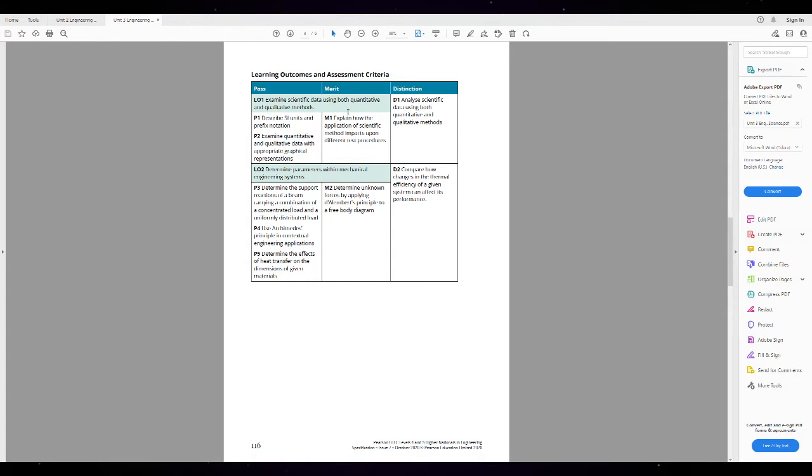Draw our conclusions based on the differences, okay, and get our analysis for the distinction. Does that bit make sense? So we're almost tying P3 into helping us complete P2, M1 and D1.